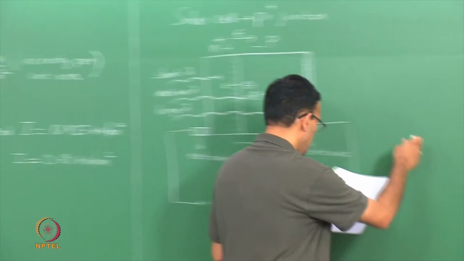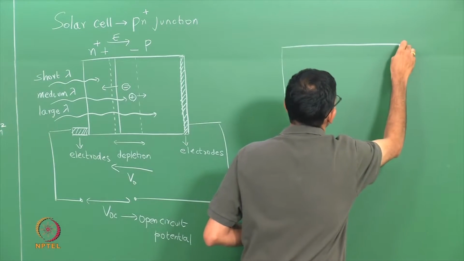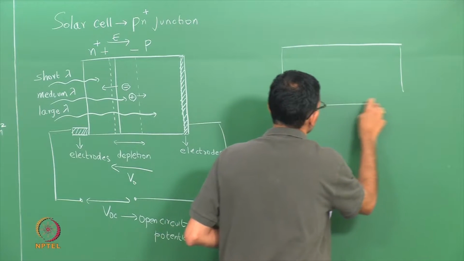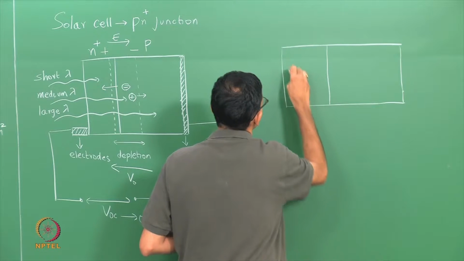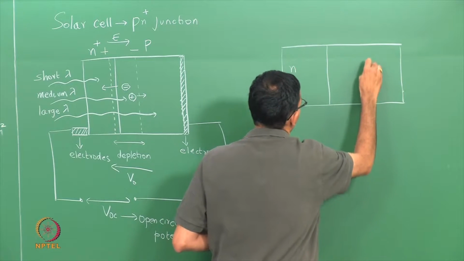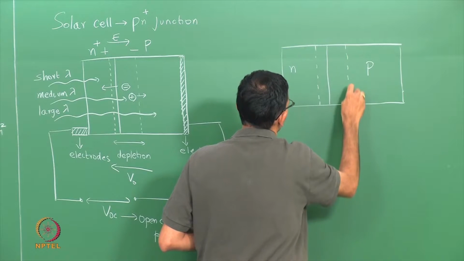So, let us draw a schematic of that. Then I have my n and the p, and there is a depletion region.